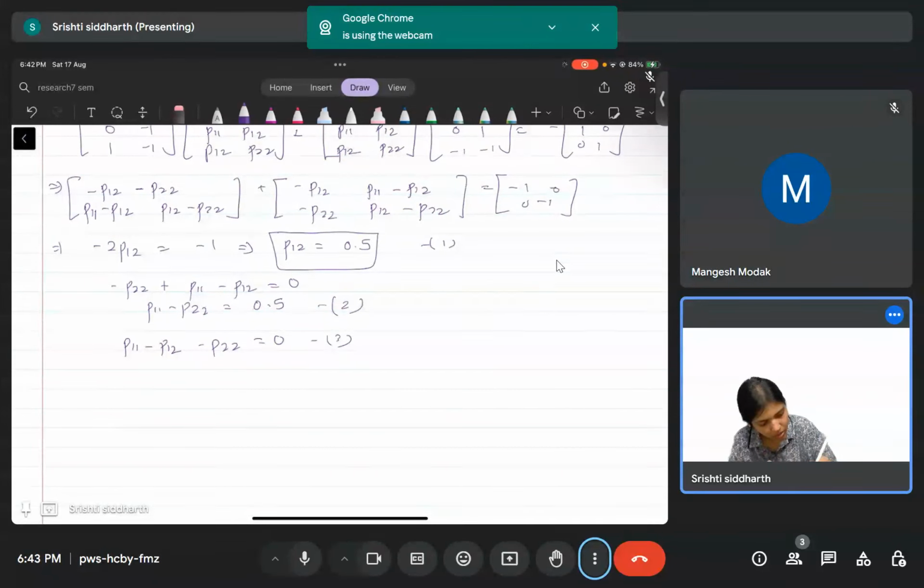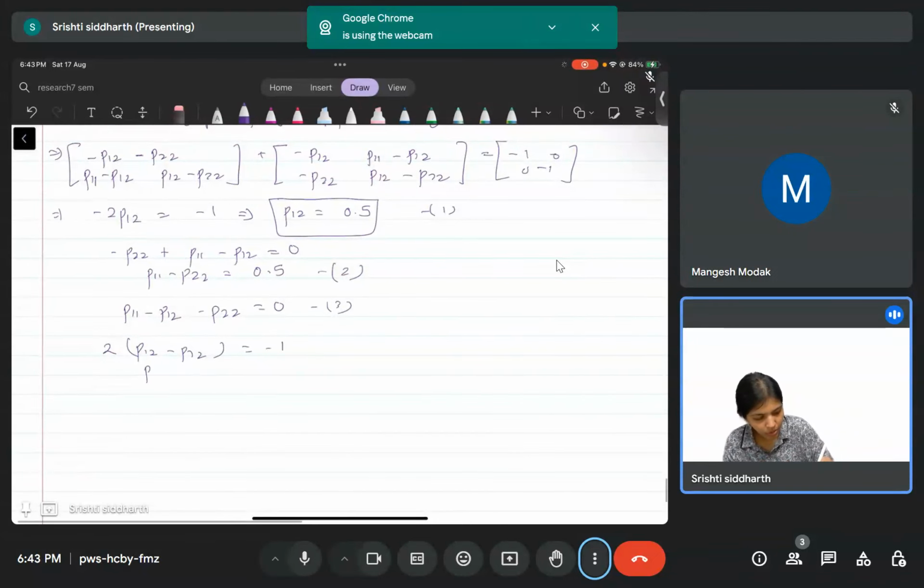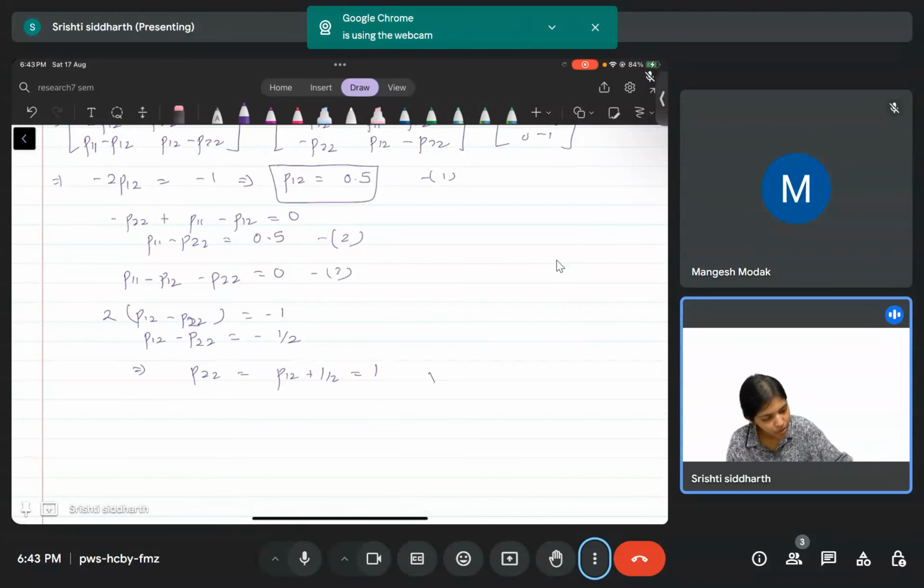We have twice of this equals minus 1. So P12 is P22 minus half. So we have P2 as 1.